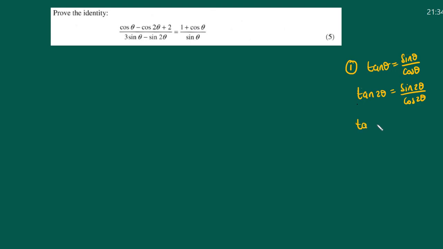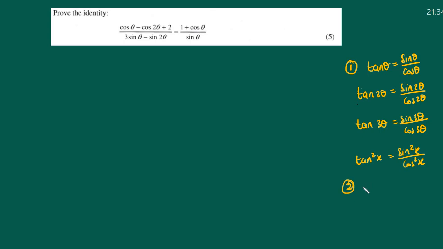If I had tan 3 theta, then I will have sine 3 theta over cos 3 theta. Then if I had tan squared x, this would be equal to sine squared x over cos squared x. So sine and cos just imitate whatever tan is doing, right? So we must know that.